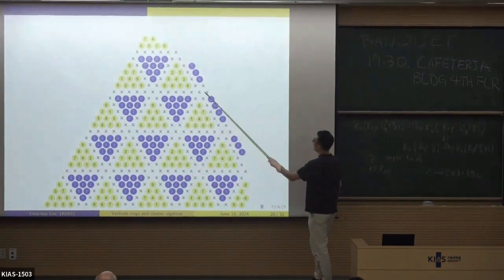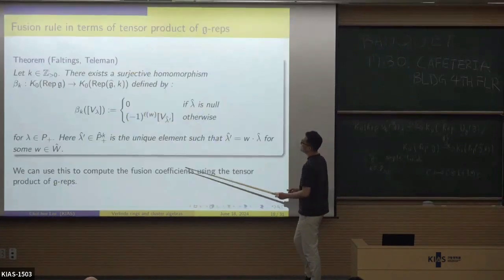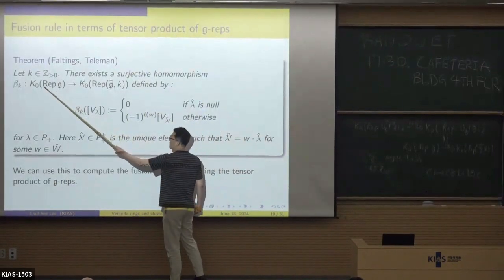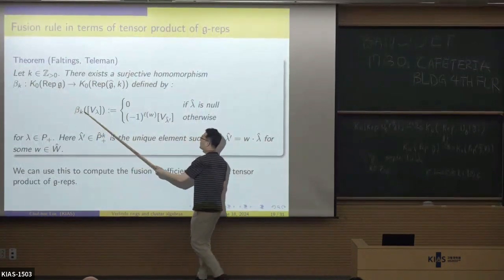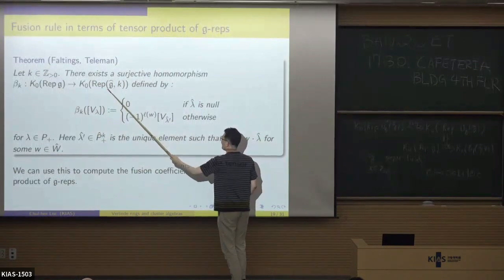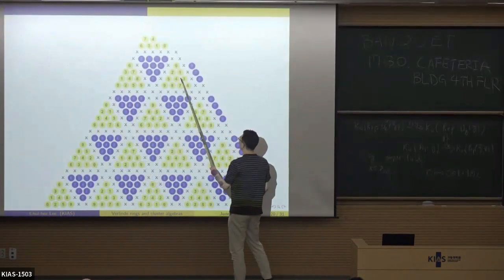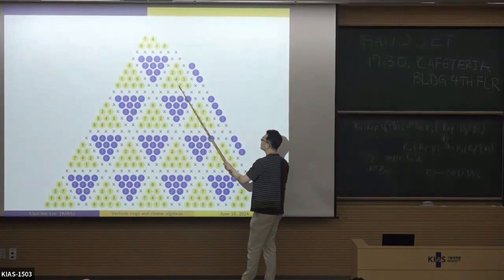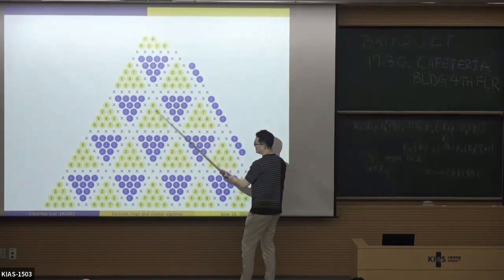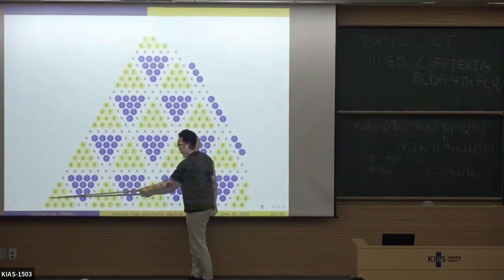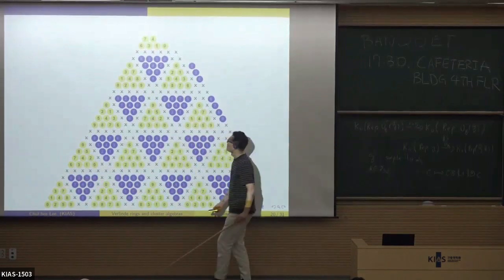So in the previous slide, we take an arbitrary basis element here, and to map it into this ring, what we need to do is use the affine Weyl group action to move this into one of these elements in the fundamental domain for the affine Weyl group.